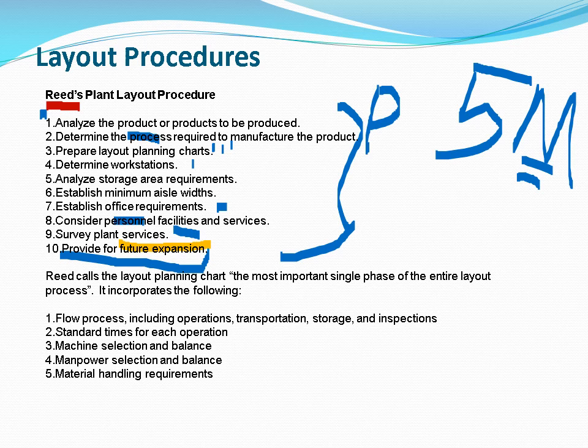The salient point of Reed's plant layout is that it incorporates the flow process, no? The standard times for each operations, the machine selection and balance, as well as manpower and the material handling requirements.